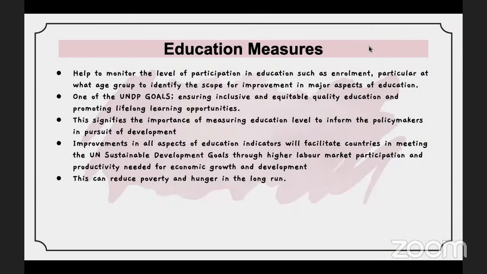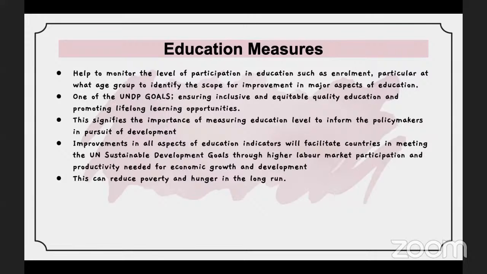Okay, untuk single indicator yang seterusnya, education measures. So education measures help monitor the level of participation in education, such as enrollment, particularly at what age group, to identify the scope for improvement in major aspects of education. This is one of the UNDP goals, which is to ensure inclusive and equitable quality education and to promote lifelong learning opportunities.